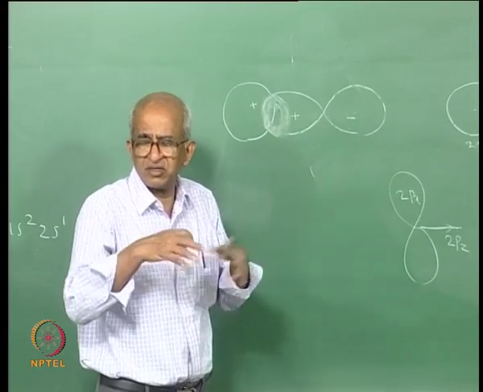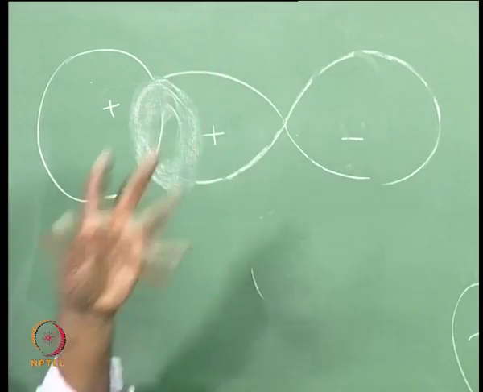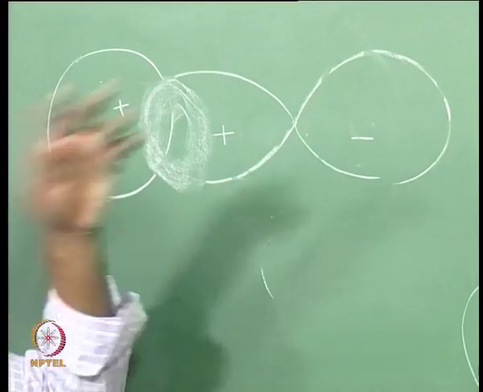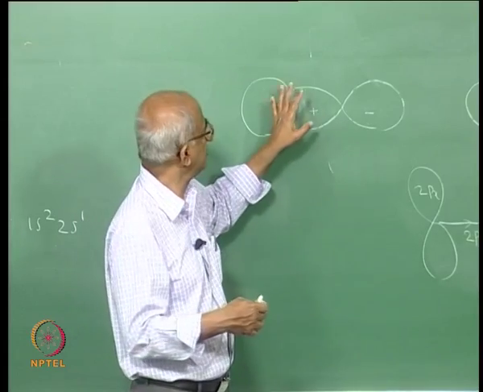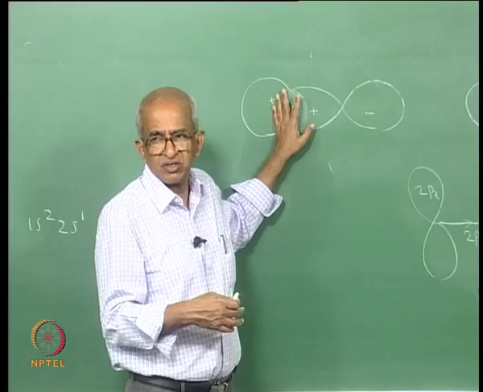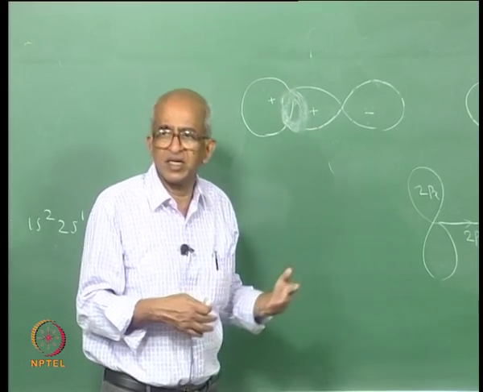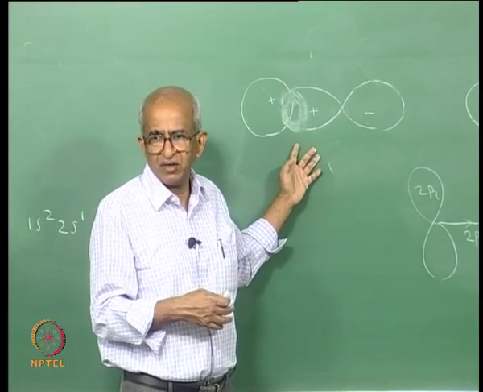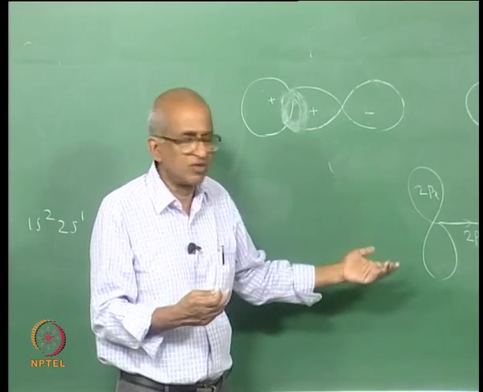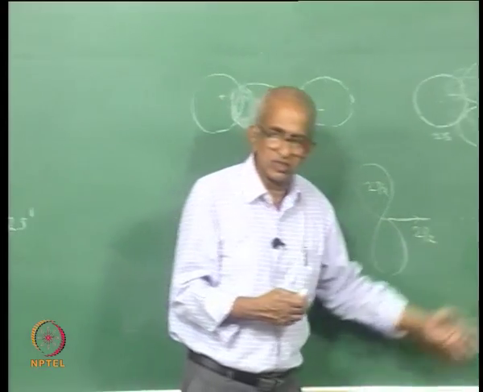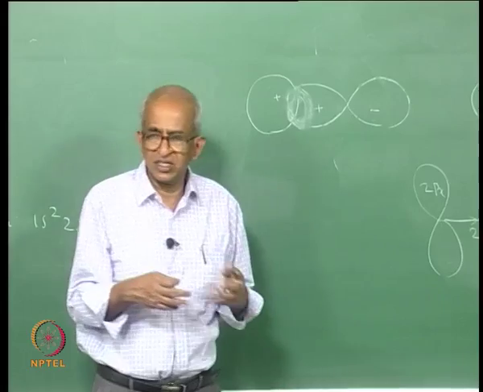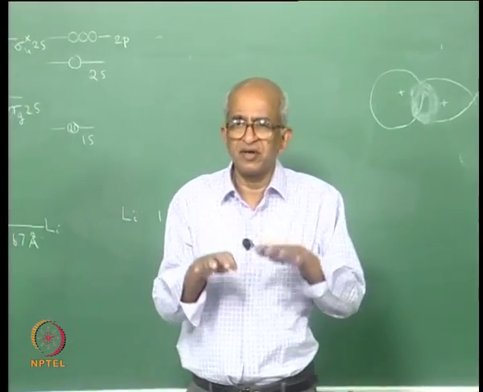So the contribution from regions where the product is negative will be extremely small in comparison with the contribution from regions where the product is positive, and therefore the net value of the integral will be positive, right. And not only the overlap integral, the same conclusion is valid regarding HAB. So in the case of a 2s interacting with 2pz, it is possible to have a definite interaction between the two.